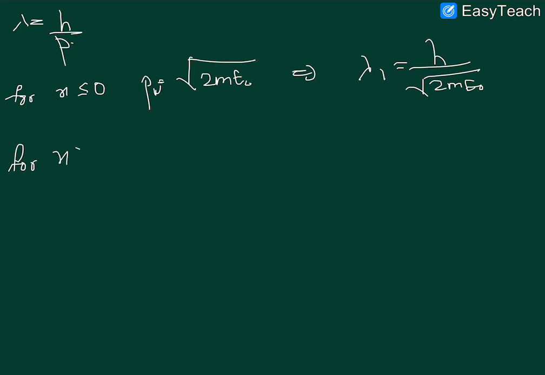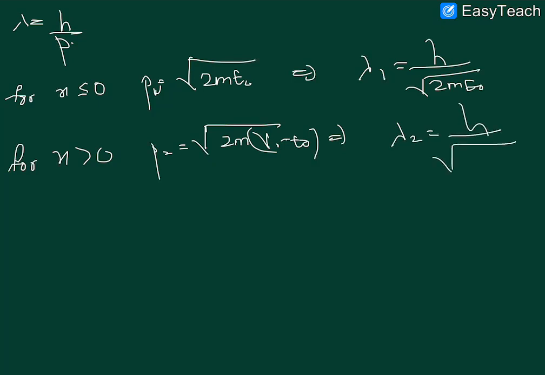And for x greater than 0, my p2 will be under root 2m (V naught minus E naught), and that would give me lambda 2 equals h by under root 2m (V naught minus E naught).